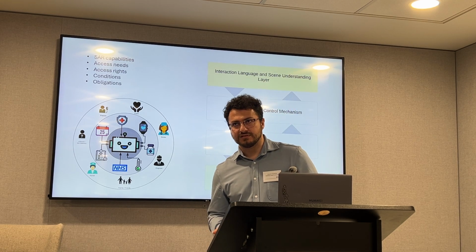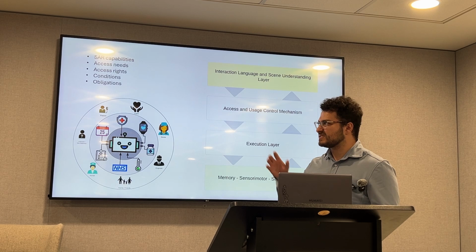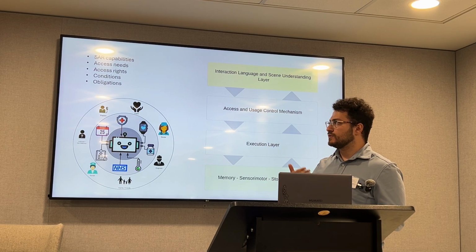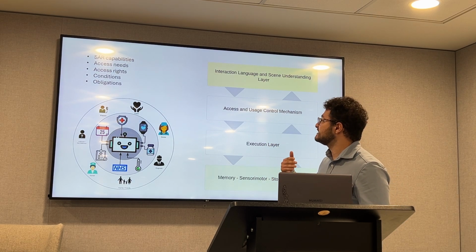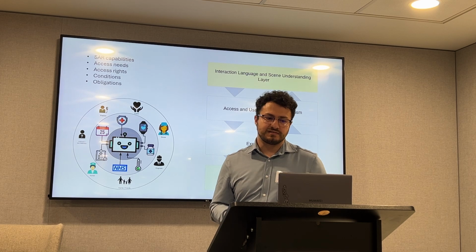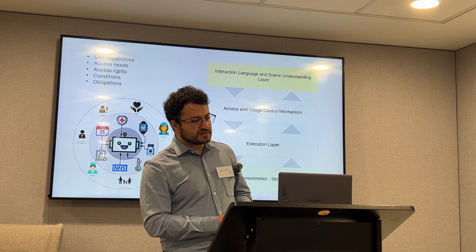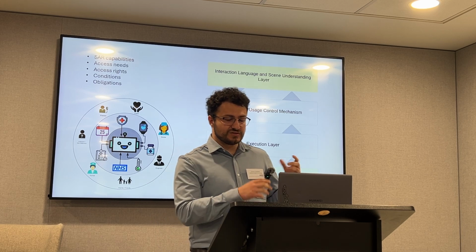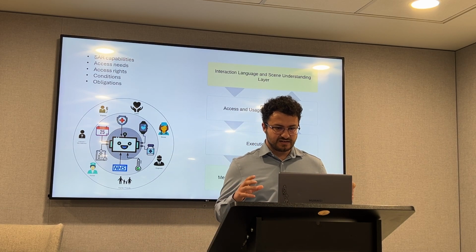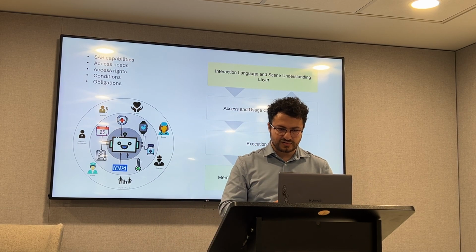So in general, we put the architecture of the robot into 4 layers. The first layer is the interaction layer, the interaction language and scene understanding layer, and the second one is the security safeguard or the access and usage control.